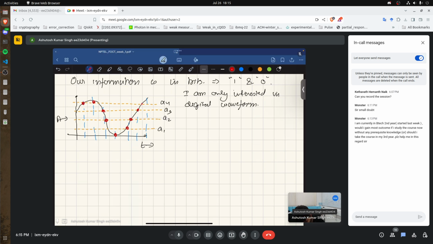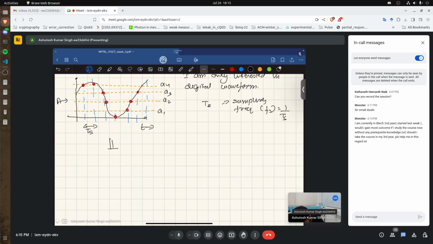This is how analog signals are recreated, and if my time of sampling is Ts, then my sampling frequency Fs is 1 by Ts. Now correspondingly in the time domain, this will have some frequency spectrum.